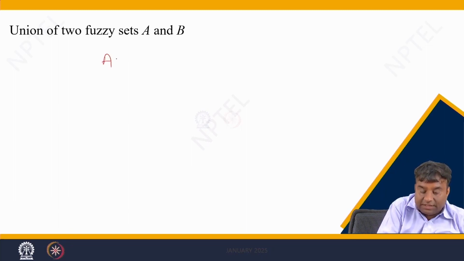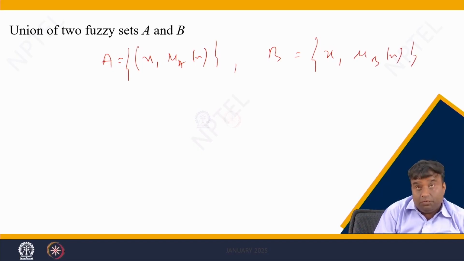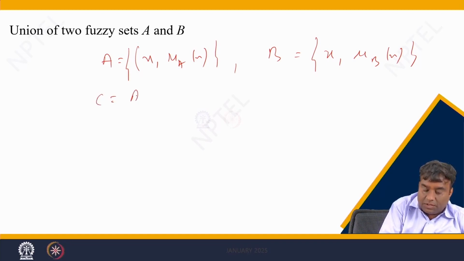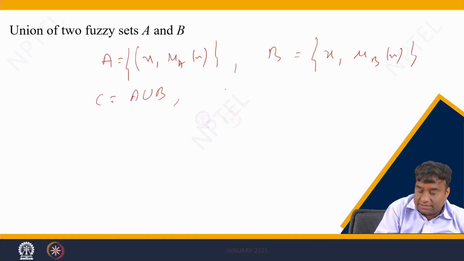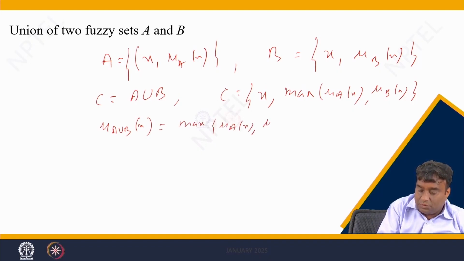Let A be a fuzzy set, which you can write as x, mu A(x), and B is a fuzzy set, which you can write as x, mu B(x). Now the union of two fuzzy sets, A union B. Let C equal A union B. This fuzzy set C can be represented as x, maximum of mu A(x), mu B(x). So the membership function of C, mu C(x), is equal to the maximum of mu A(x), mu B(x).